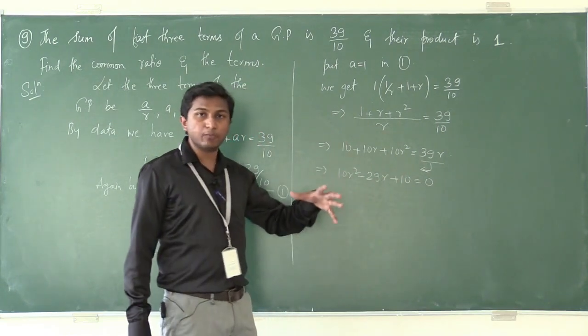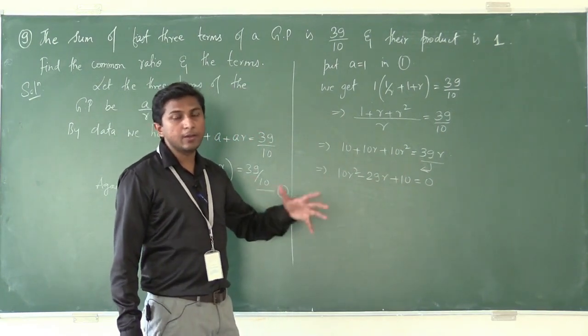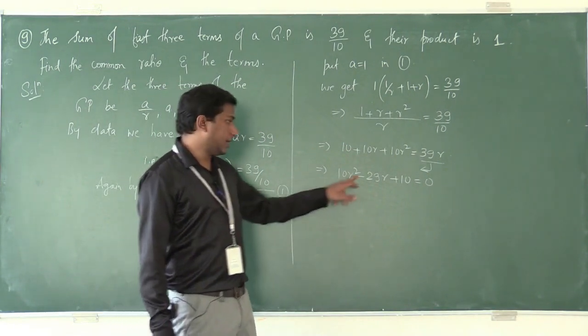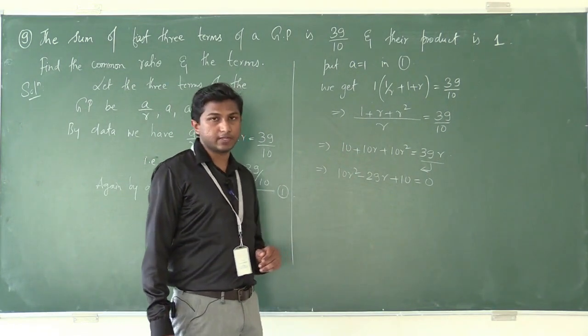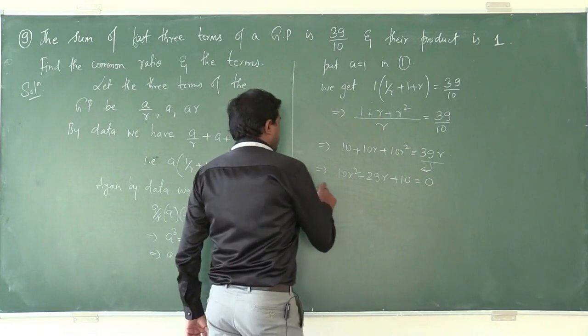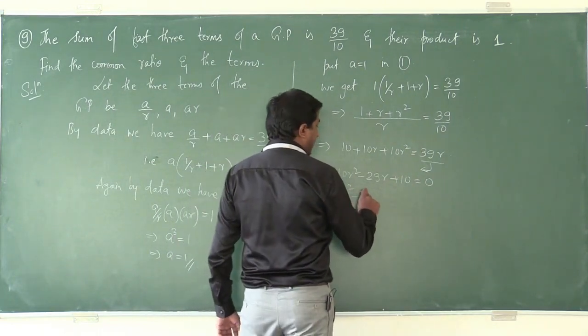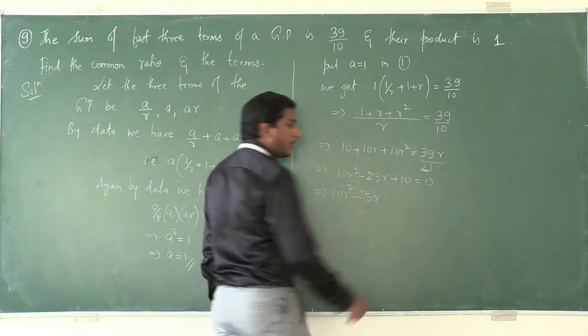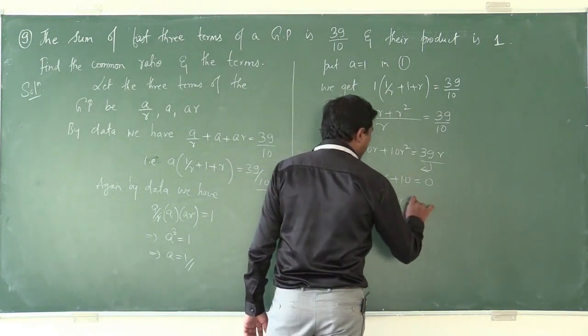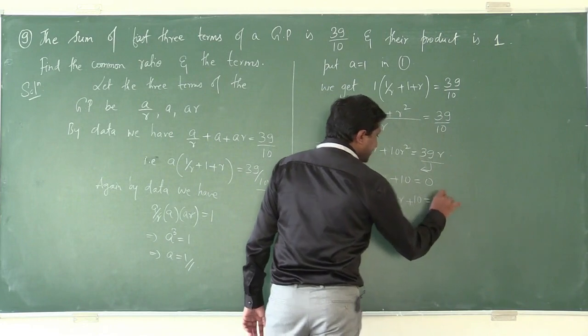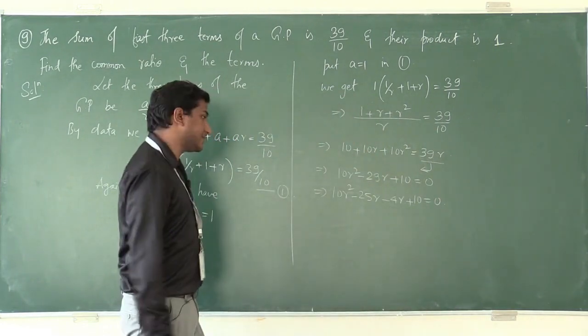When I add both, minus 25R plus minus 4R, it gives us minus 29R. So we'll use that: 10R square minus 25R minus 4R plus 10 equals 0.